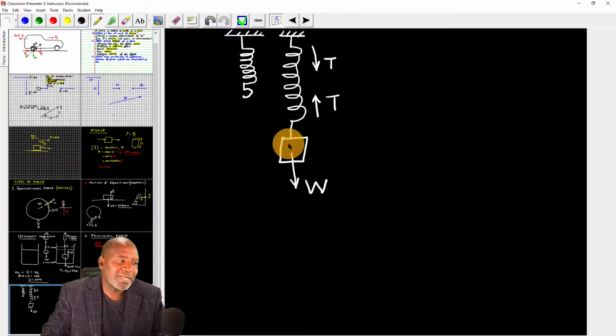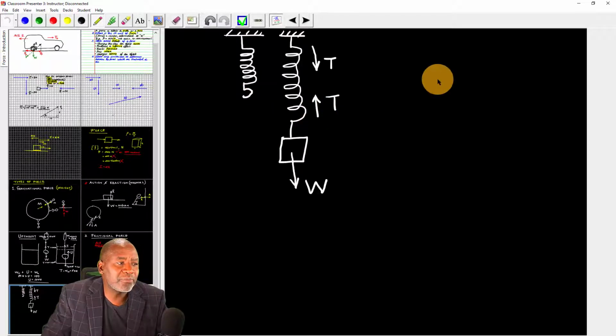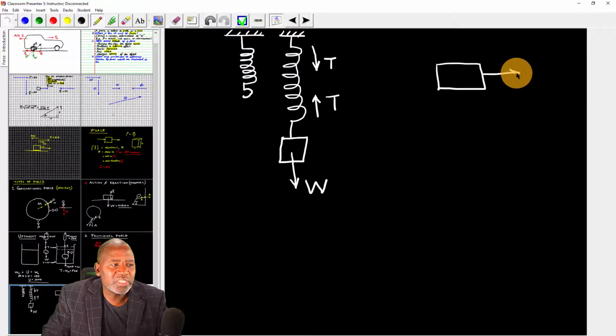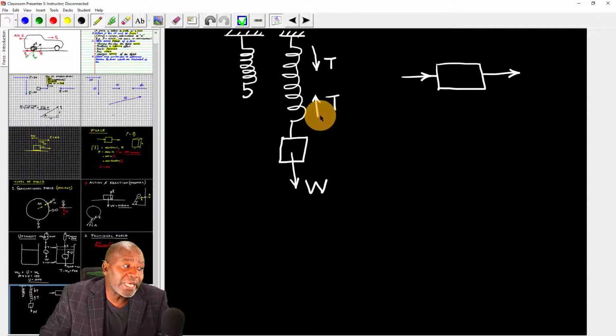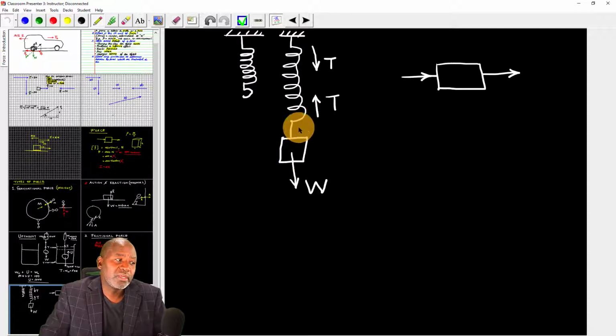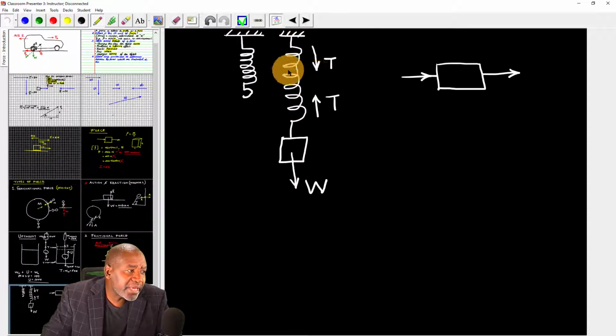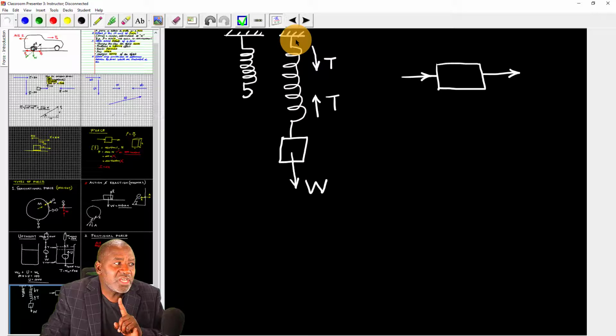So that arrow should point away from the body. Remember when we just did? This one is a pull. This one is a push. So over here, this spring is pulling this body upwards. And that is why this arrow is pointing away from the body. The same spring is pulling this support of the clamp downwards.